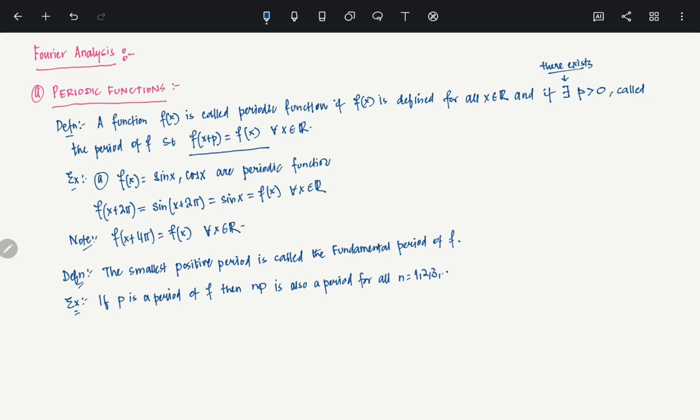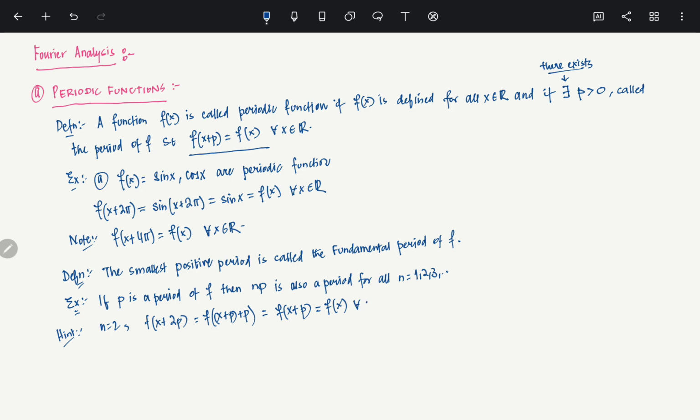So how do you prove it? Let's say you want to show it for n equals 2, just a small hint. f of x plus 2p you can write as f of x plus p plus p. Now, since f is of period p, x plus p acts as x here, so it will be f of x plus p, which again in turn becomes f of x.